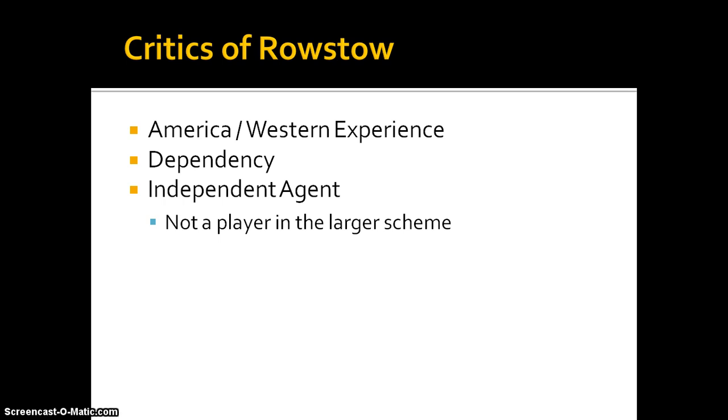And they also say that Rostow looks at each country as an independent agent, meaning that each country develops and exists in isolation rather than being a player in a larger scheme. And of course, we know in the global economy, every country is a player in the larger global scheme.